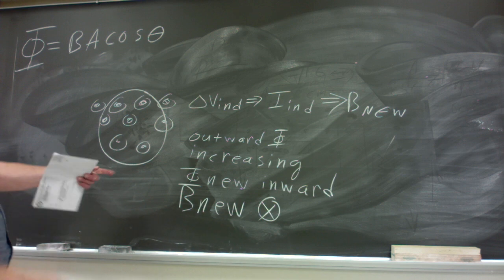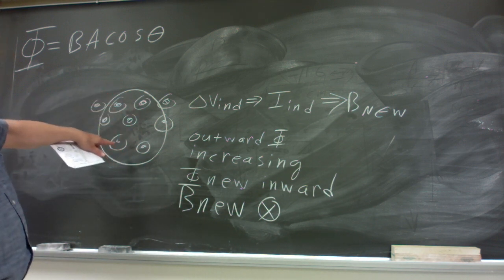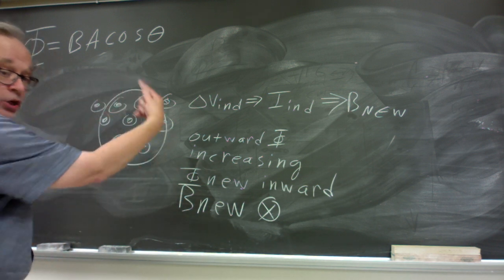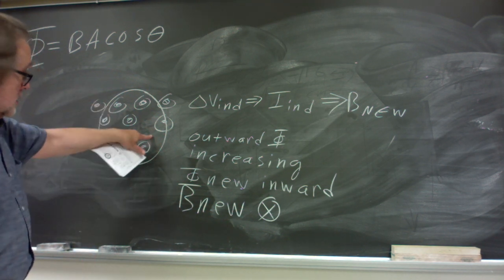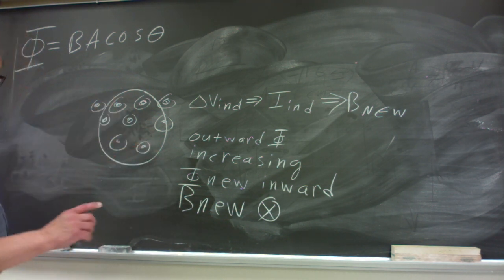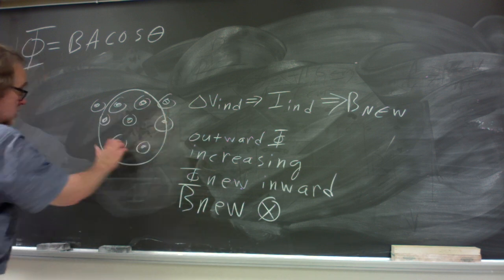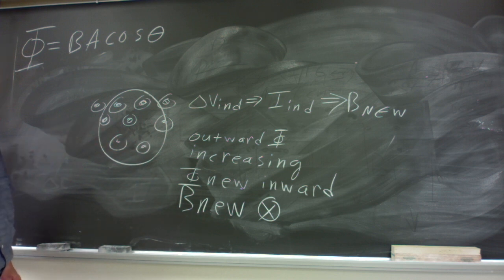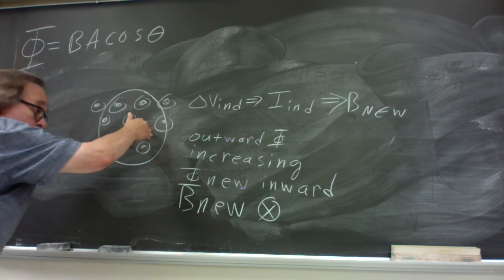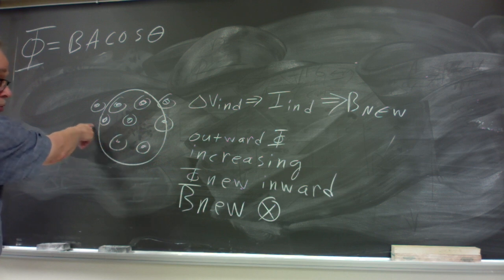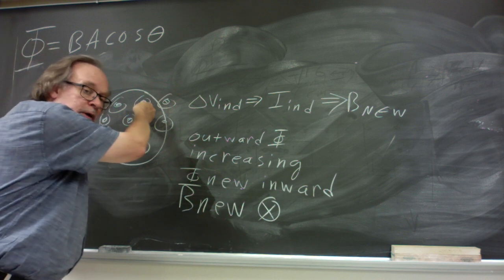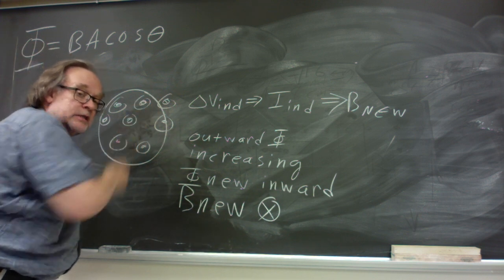Remember, in a current loop, the field lines make loops perpendicular to the plane of the loop, and so if the current is clockwise, then inside the loop, those loopy field lines will be going this way, and then outside the loop, those loopy field lines will be coming out like this, and then circling around and coming in when they get inside the area of the loop.